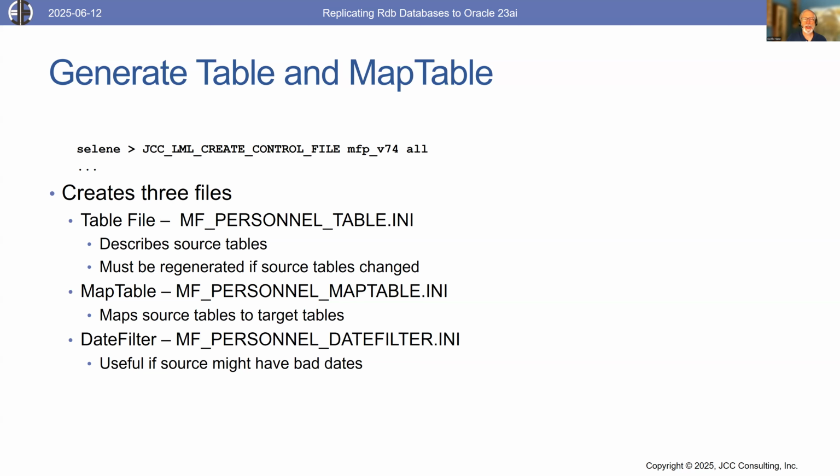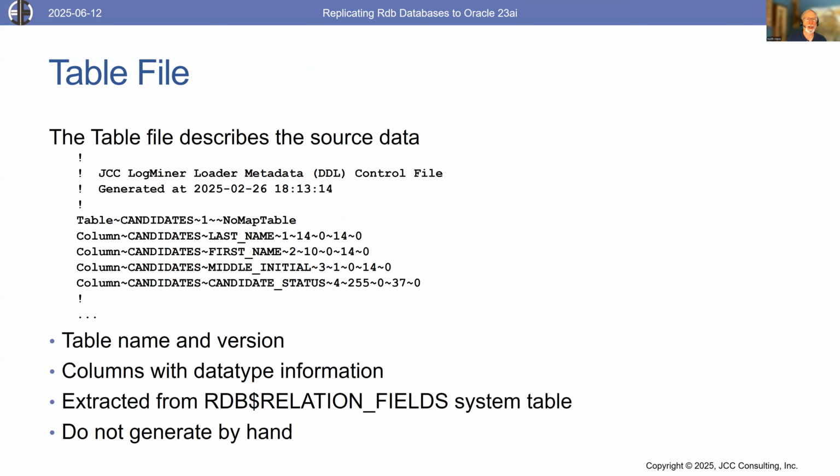If source tables changed, if you alter a table and add a column on the source database, then this file will need to be regenerated. Other than that, you shouldn't ever have to edit the table file. The target description, the map table file, you may have to edit, and I'll come back to that in a couple of slides. So what's the table file look like?